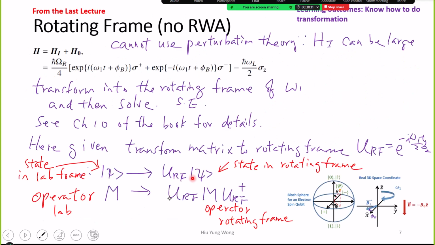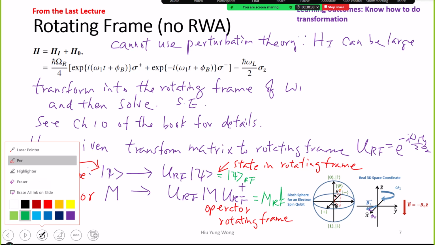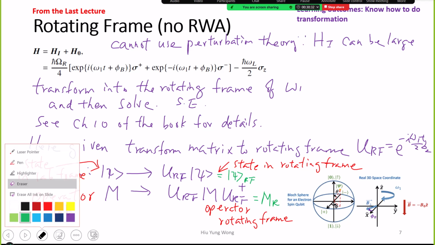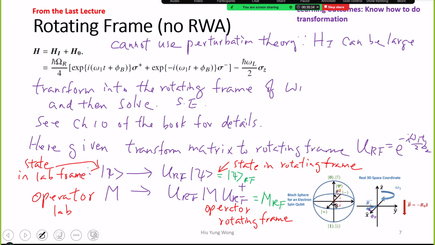I know that psi becomes psi_RF in the rotating frame. Maybe this one I should also give a name. I will call this psi_RF, and this is H_RF. That way you won't get confused. This is just the operator in the rotating frame. So psi_RF equals U_RF times psi. This is a basic thing.